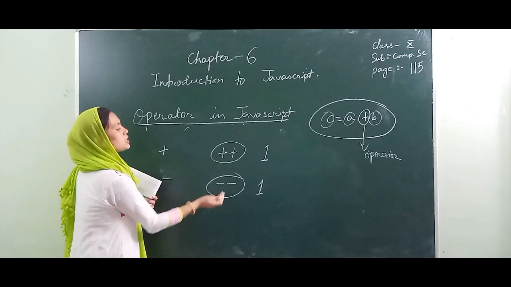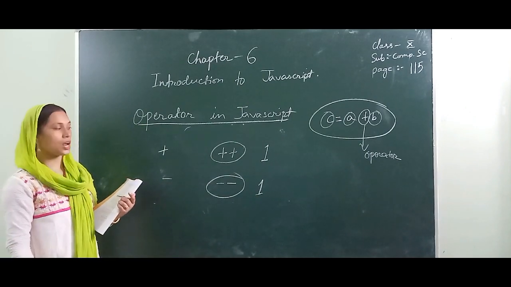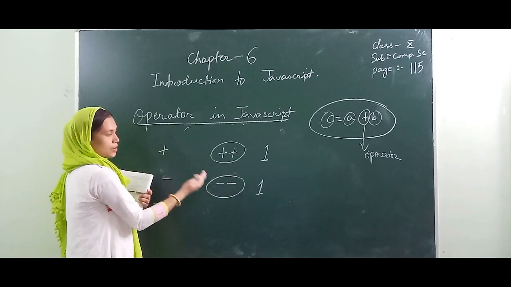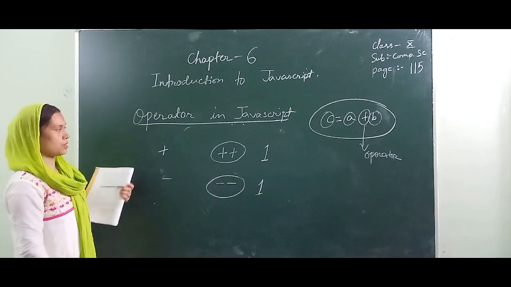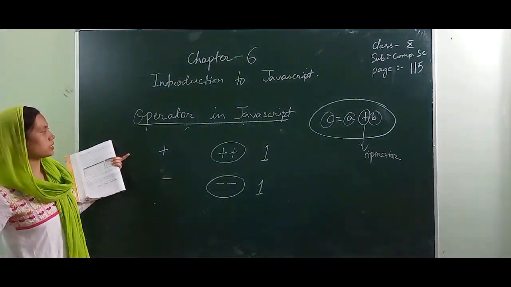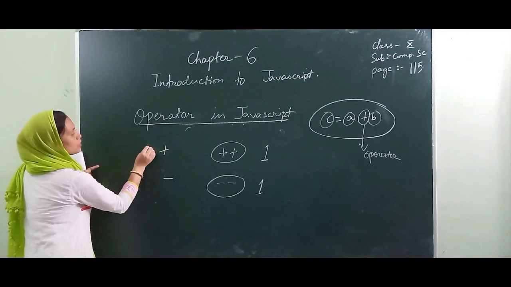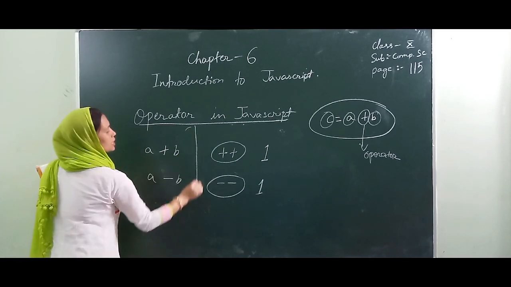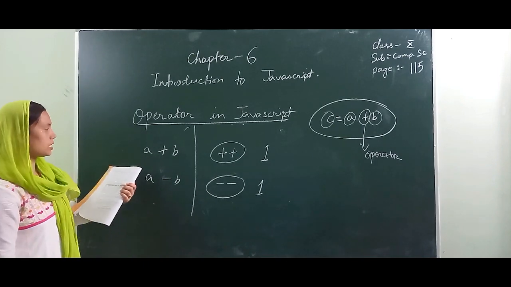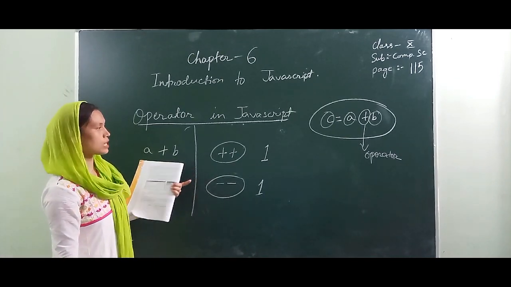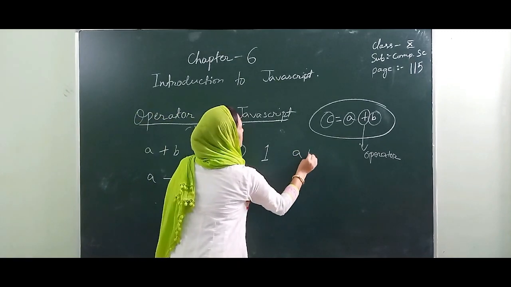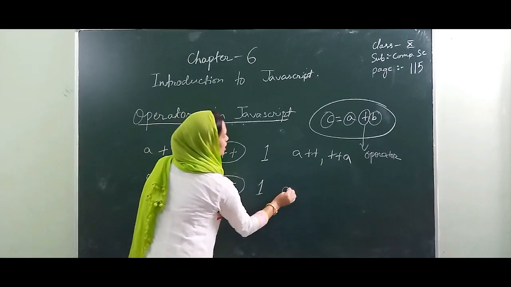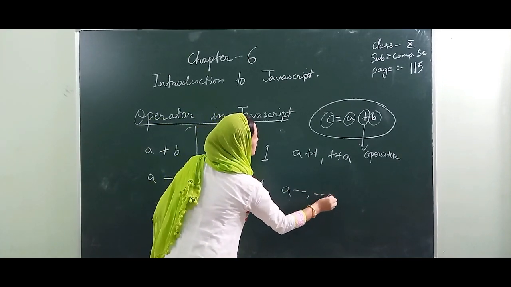And here the decrement operator is used to decrease the value of a variable by 1. In the arithmetic operator, for this expression, we require 2 variables. But in the decrement and increment operators, we use only a single operand, like A plus plus or plus plus A, and A minus minus or minus minus A.